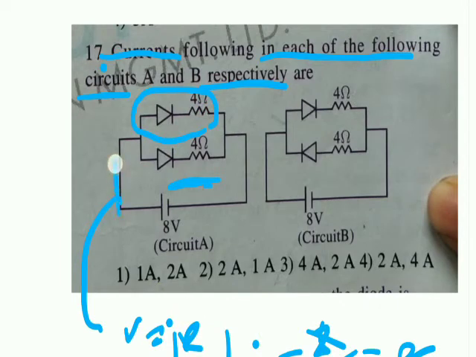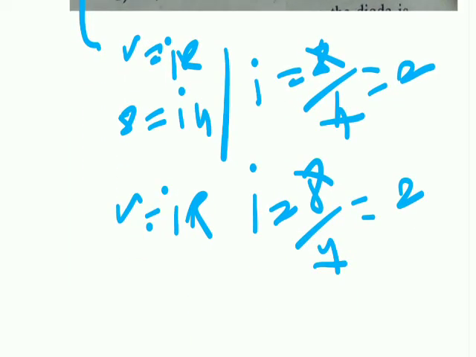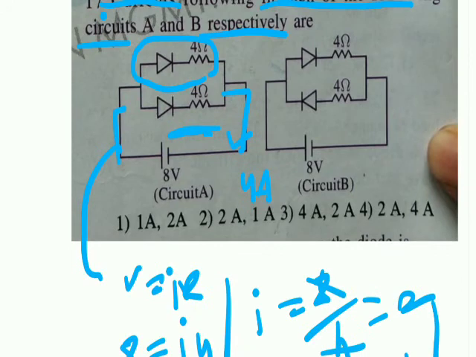Total current passing through the first circuit is equal 4 amps. 2 plus 2, 4 amps. And check the options. First, second, third is 4 amps. Third one is right.